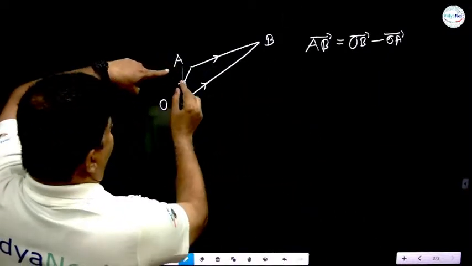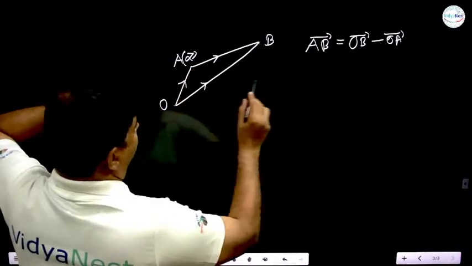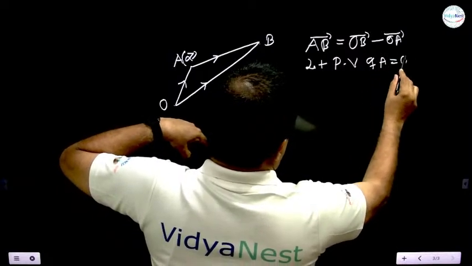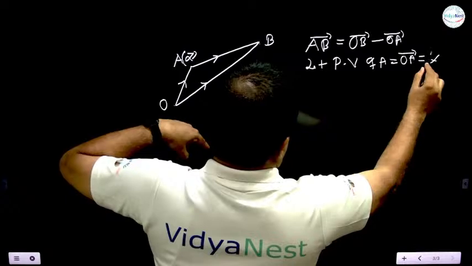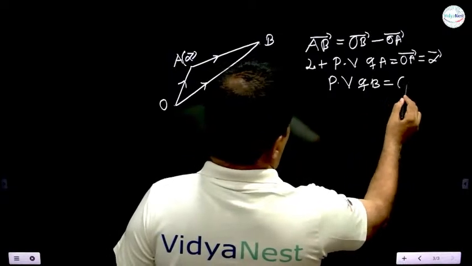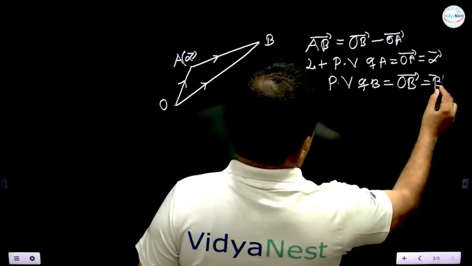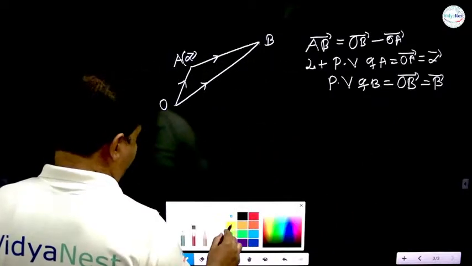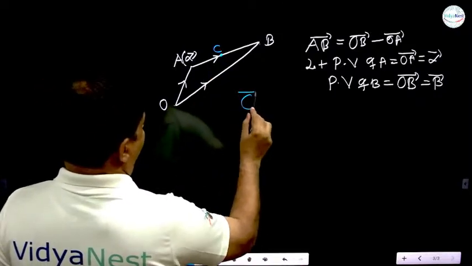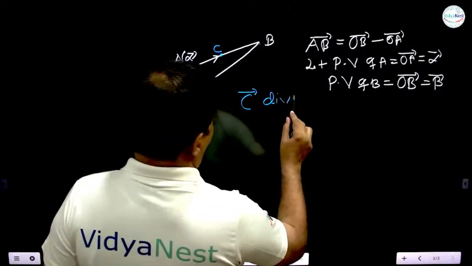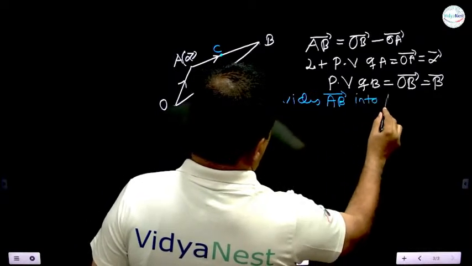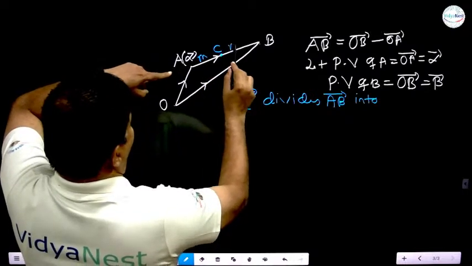Let the position vector of A, that is OA, be alpha, and the position vector of B, that is OB, be beta, and there is a point C between A and B. C divides AB into M is to N ratio.